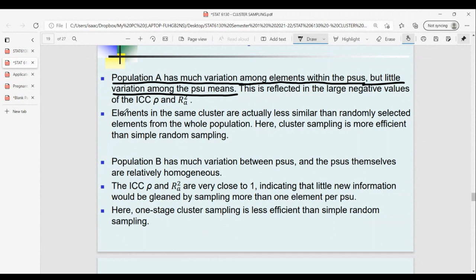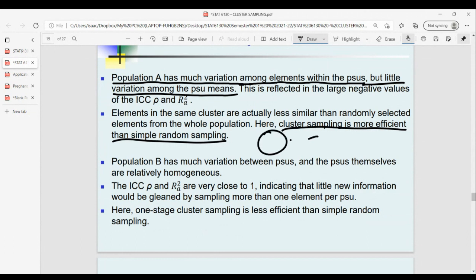So what does it really mean in terms of which one is more efficient than the other? Is simple random sampling without replacement, right, more efficient than cluster sampling? That's the end result. And yes, in this case, cluster sampling is more efficient, because population A had what?